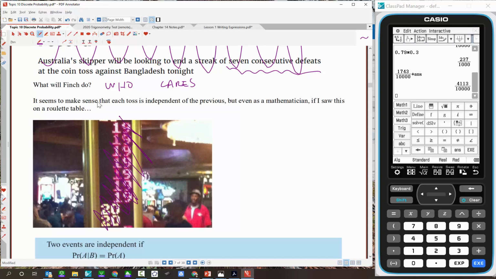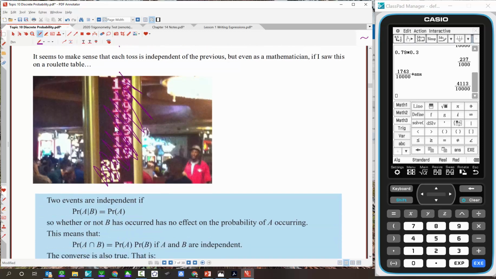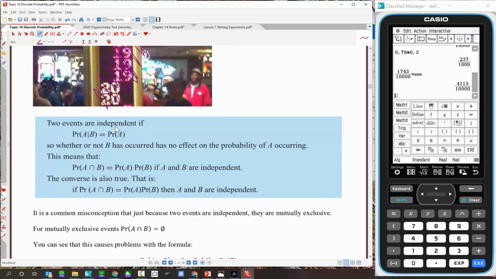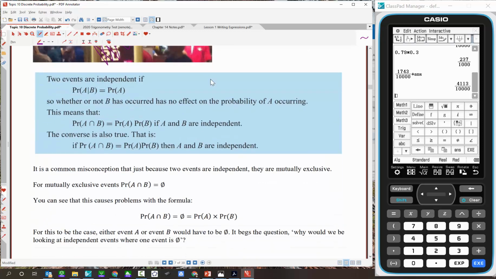They only help serve or play on what we call the gambler's fallacy, that the roulette wheel or the coin toss has a mind of its own. So two events are independent if the probability of A given B is the same as the probability of A. That is, I give you a little bit more information about what's happened, but it's still just the probability of the event happening.